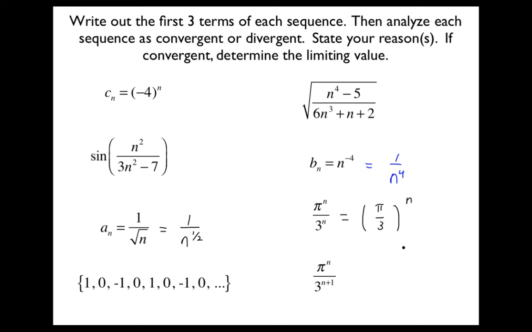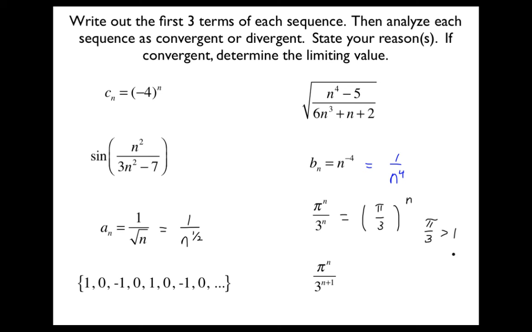And what about pi over 3? Does this converge or diverge? Pi over 3 is greater than 1. Therefore, divergent. The base has to be between negative 1 and 1 to converge to 0. But here, it is greater than 1.